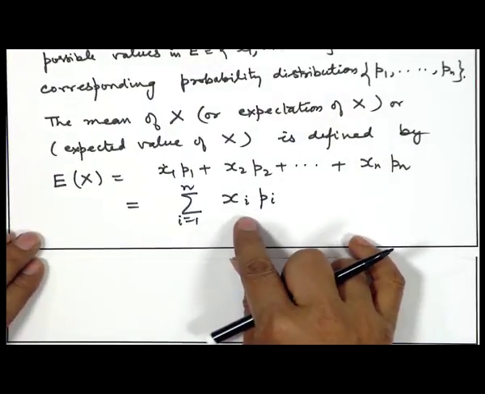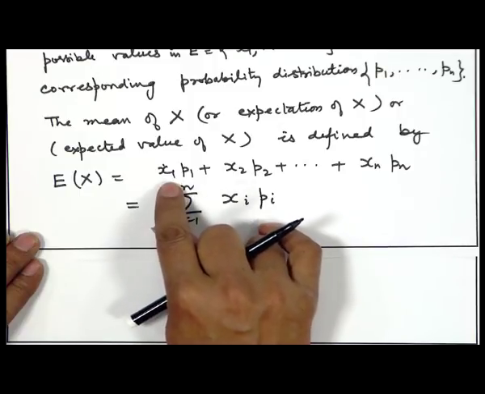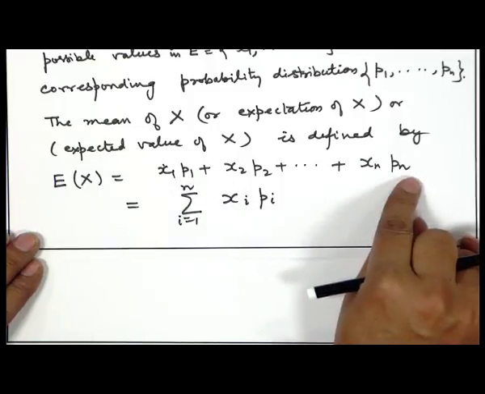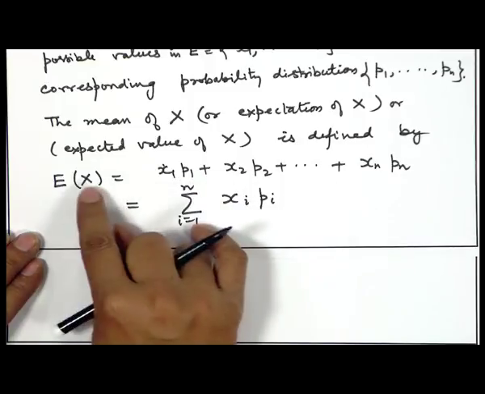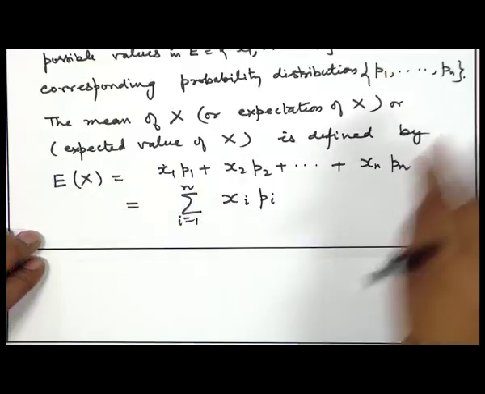So, you can see here what are the values that the random variable takes. We consider those values and multiply them by the corresponding probabilities and sum it. So, then it becomes the mean or the expectation of the random variable.